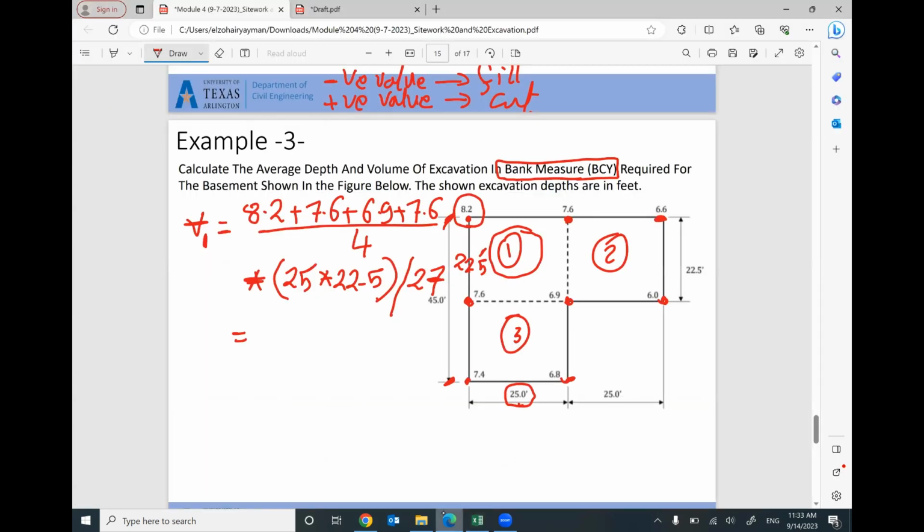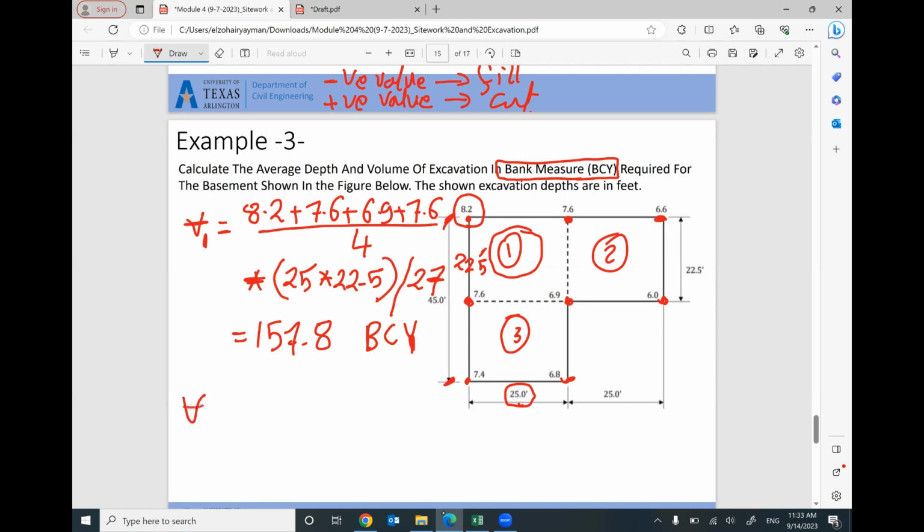So on your calculator: 8.2 plus 7.6 plus 6.9 plus 7.6, divided by 4, times 25 times 22.5, divided by 27. I got 157.8 bank cubic yard.